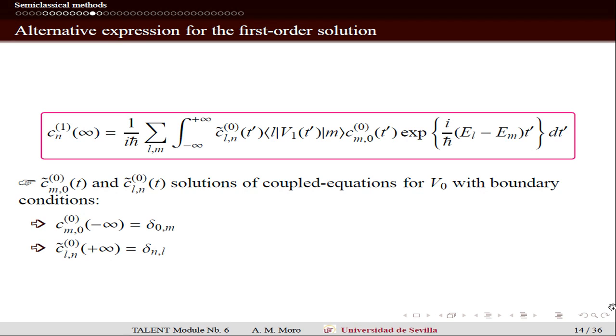And here we have this C with twiddle, and this is also the solution with the V0 potential, but with a different boundary condition. So the C0, remember, our initial condition is at minus infinity, assuming that we start from a state 0, and so only the coefficient C0 is different from 0. This is the meaning of these two indexes. So one specifies the initial condition, and the other specifies the final state. And this C twiddle is defined in the same way, but now starting from plus infinity to a finite time.